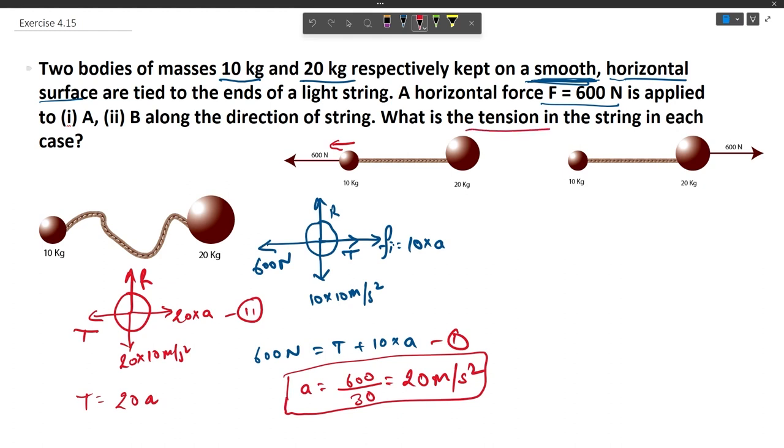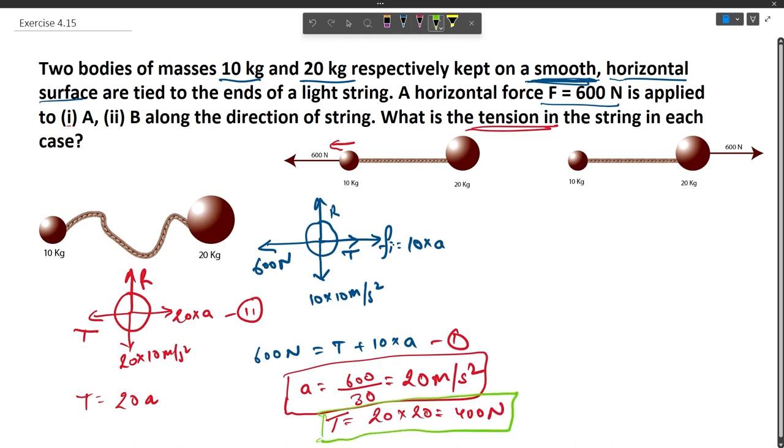Now we have to calculate the tension in the string. Tension in the string can be given by the expression T equals to 20a, so when the 10 kg object is being pulled, tension is equal to 20 multiplied by 20, or 400 Newton. So in the case where the 10 kg object was being pulled, the tension developed is 400 Newton.